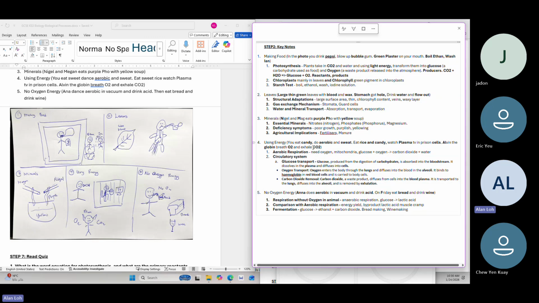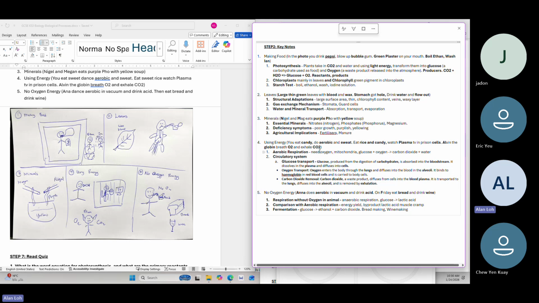So how does this story relate to the content in the 4th drawer? You eat candy. Candy is glucose, okay? Glucose is usually sweet, and I use candy to represent glucose. Right, and you do aerobic and sweat because this is aerobic respiration.